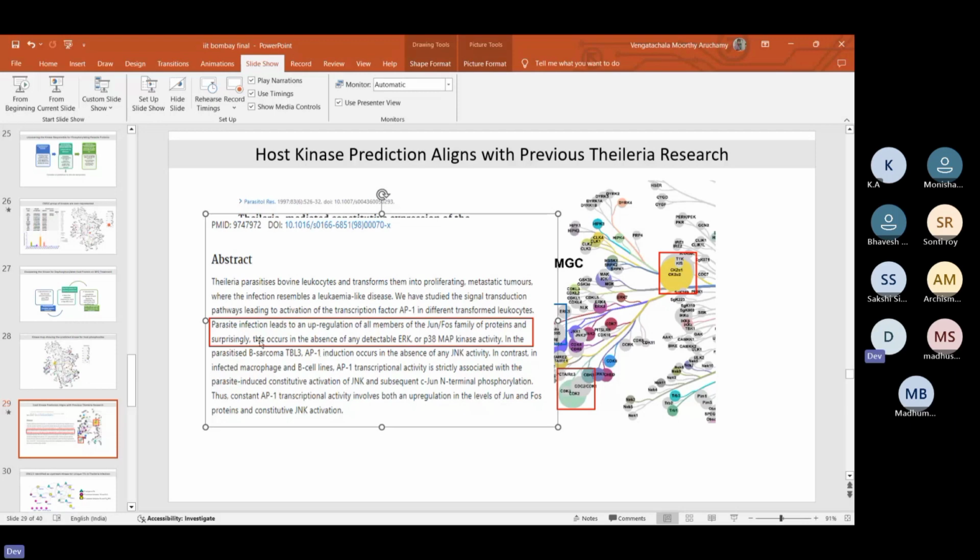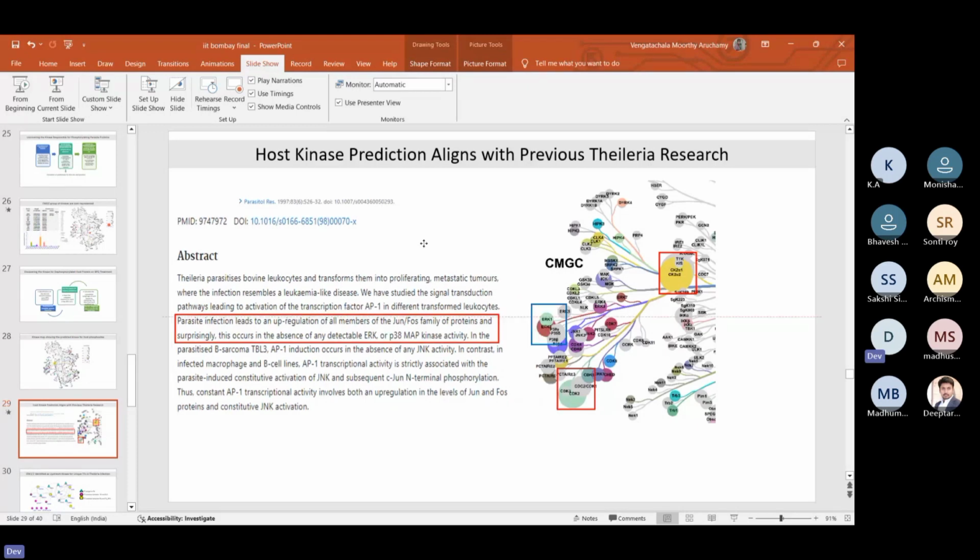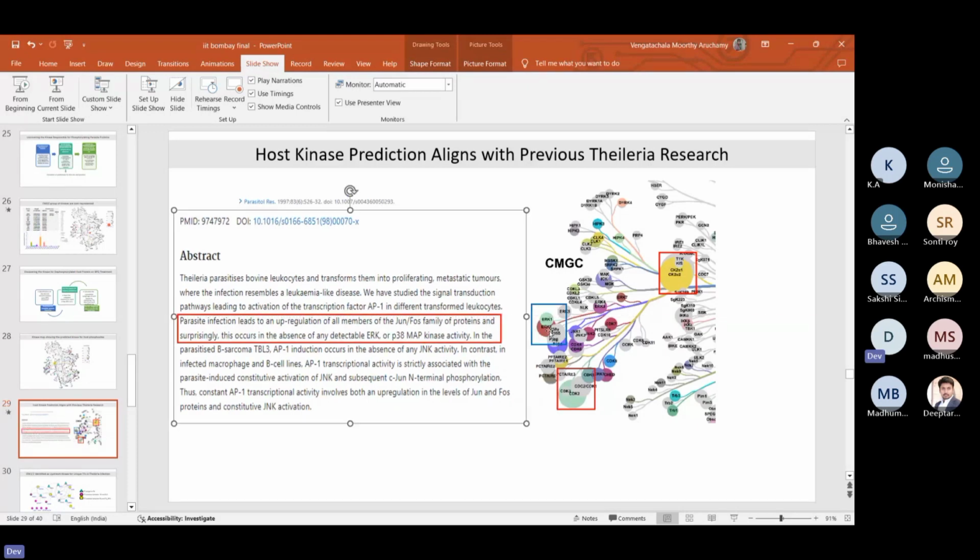I'm going to read it: parasite infection leads to an upregulation of all the members of the c-Jun family proteins. And surprisingly, this occurs in the absence of any detectable ERK, p38, or MAPK kinase activity. As ERK is one of the key kinases that we predicted from our data, we tried to validate whether ERK has any role in Theileria infection or not, which we studied further in our data.